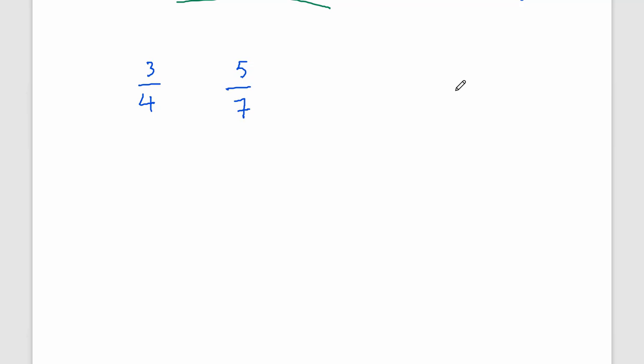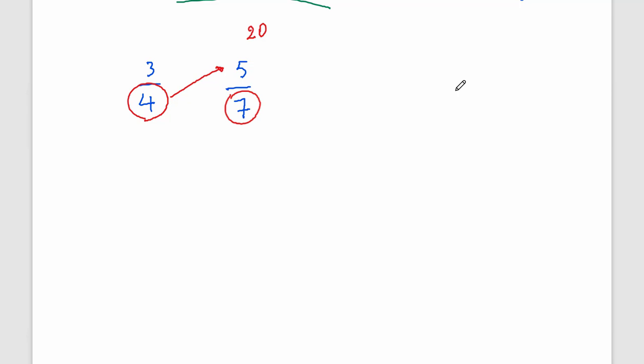So multiply the 4 by the other numerator. 4 multiplied by 5 equals 20. And do the same with the other denominator here, 7. The 7, multiply it by the other numerator.